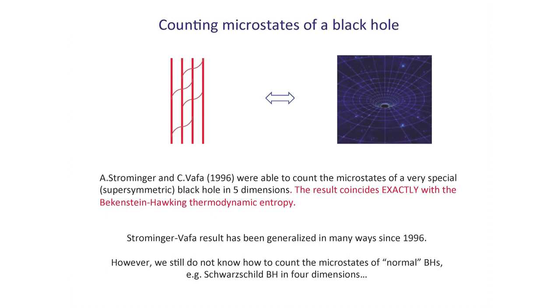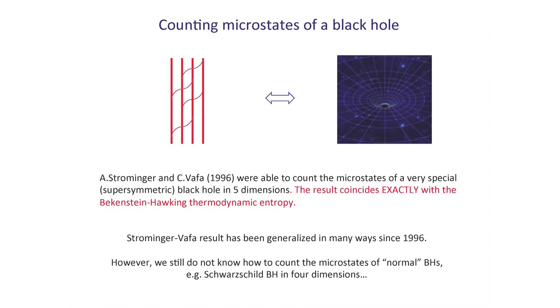It's a far cry from a Schwarzschild black hole, which sits in the middle of our galaxy, but nonetheless, it is a model which achieves this success, that the result coincides exactly with the Bekenstein-Hawking thermodynamic entropy. The reason why they had to resort to this special supersymmetric black hole is the following. What they do basically is, there is a construction of strings and topological objects in string theory known as branes.